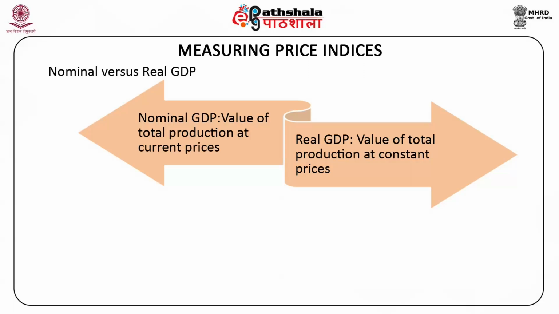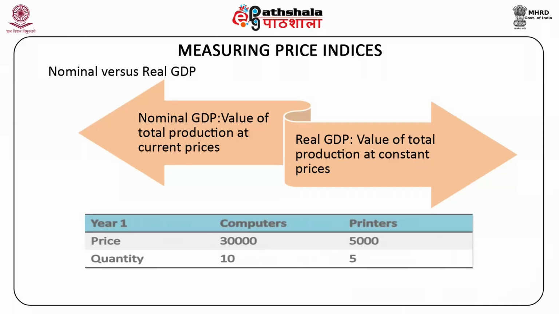Suppose the economy produces two goods, computers and printers. The prices in year 1 are rupees 30,000 and rupees 5,000 for computers and printers respectively. We assume year 1 is the base year.